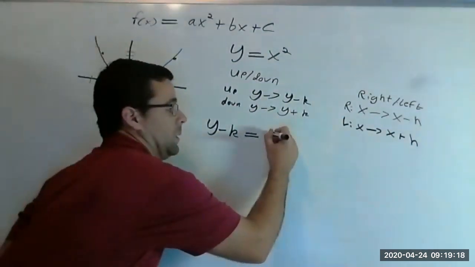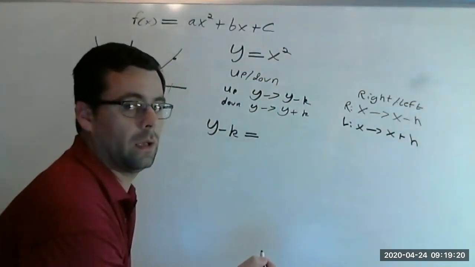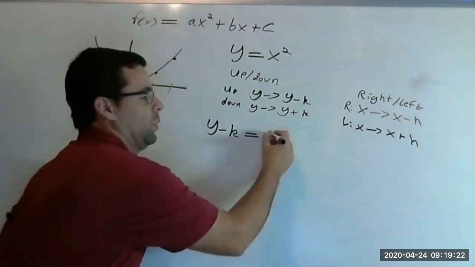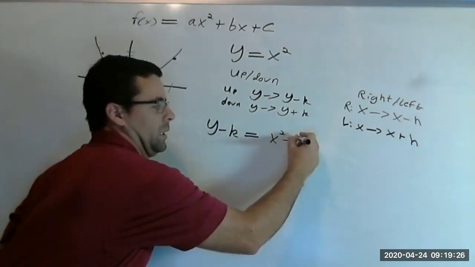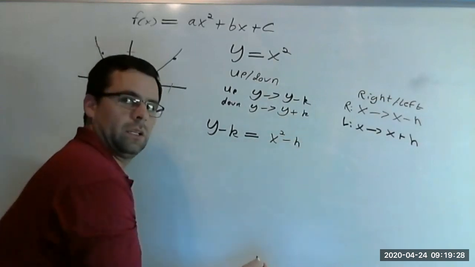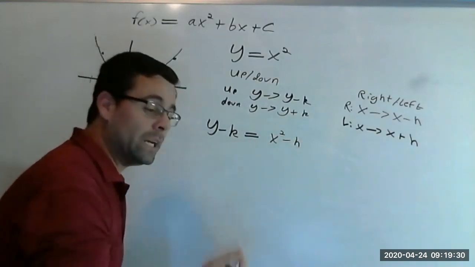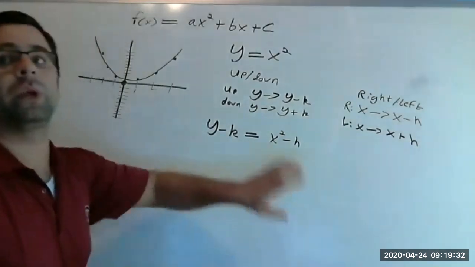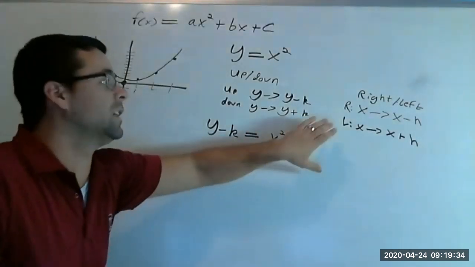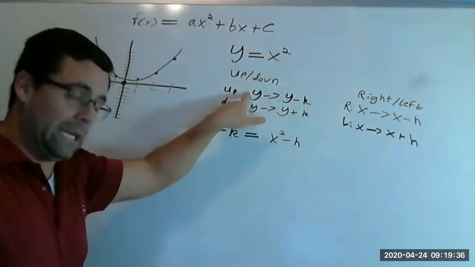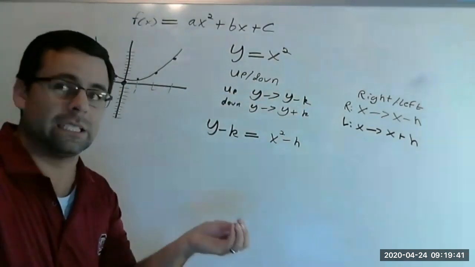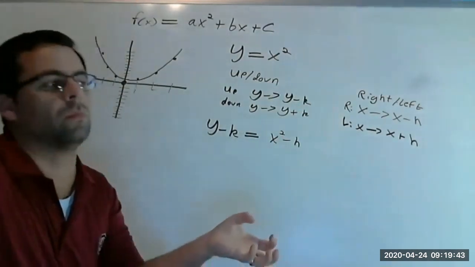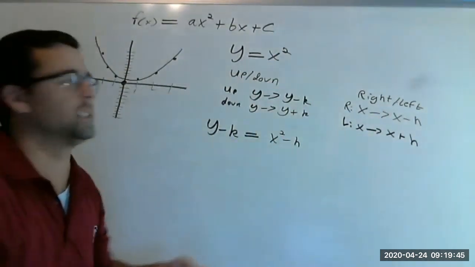Very close. Remember, we have to treat y going to y minus k as a complete removal and insertion.